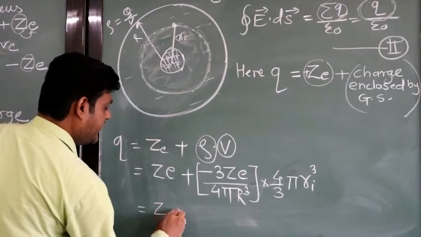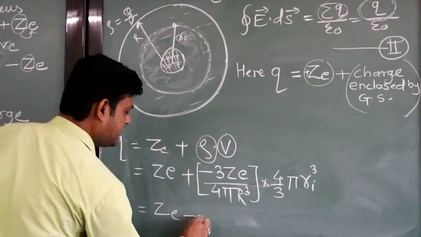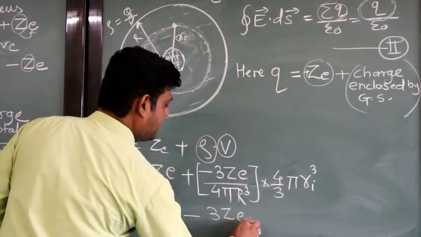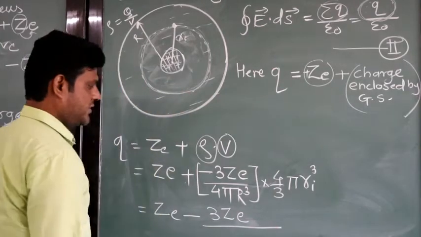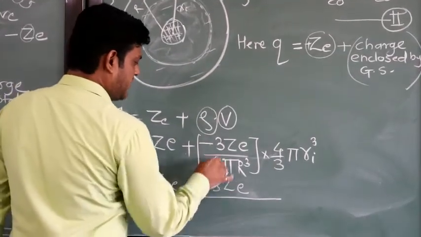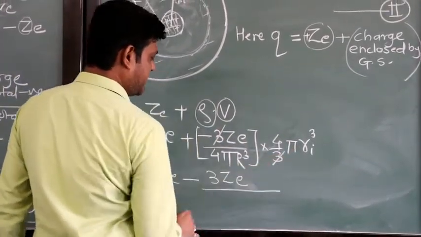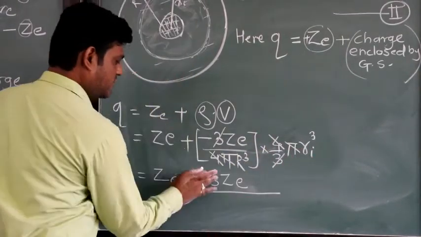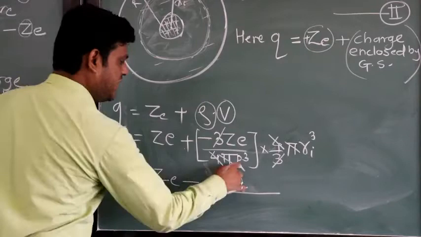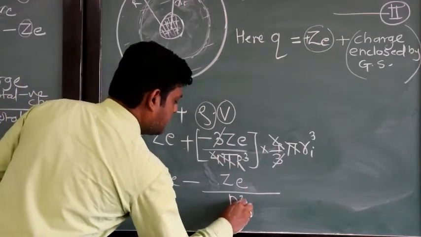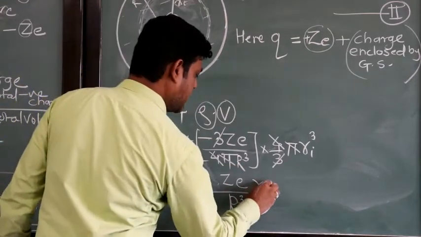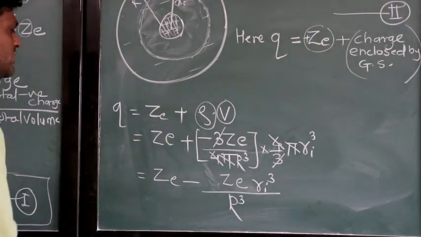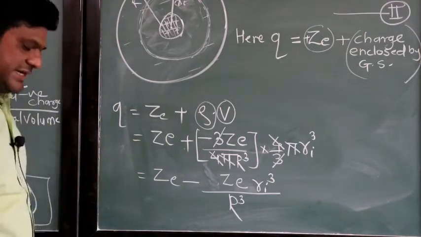So that is Ze minus 3 Ze divided by, which terms cancel? The 3 cancels, the 4 cancels, pi cancels. So what remains is capital R cube and this Ri cube.